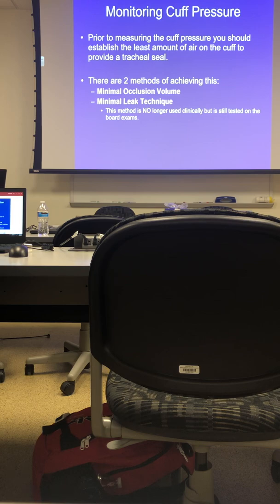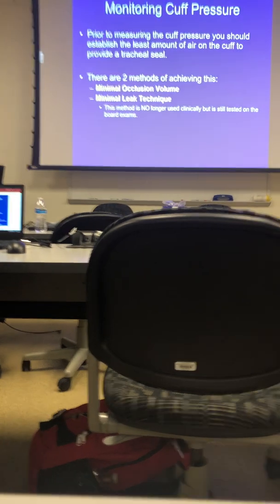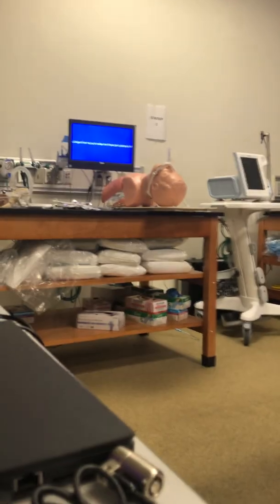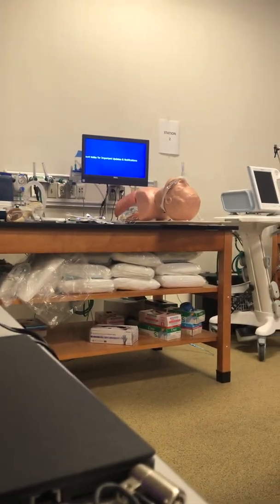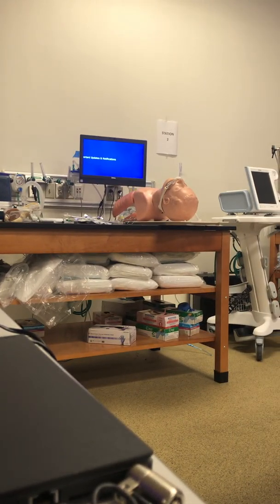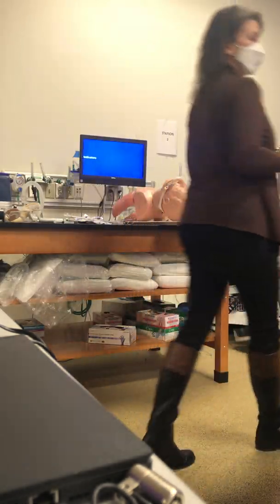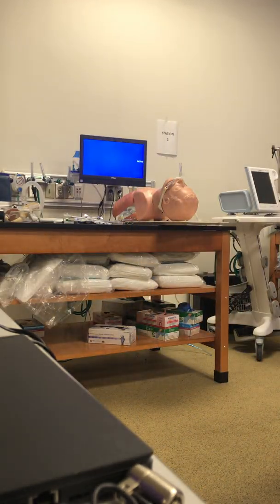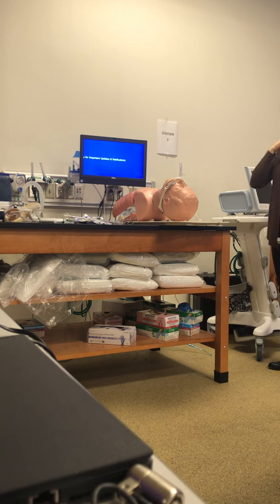Grab a stethoscope. Okay. So I have my stethoscope out. So I'm gonna do a minimal occlusion volume. That's what we do in clinical, if we don't have a cuff leader. And we do it once a shift to all of our patients who are intubated. Trach patients, endotracheal tube patients.